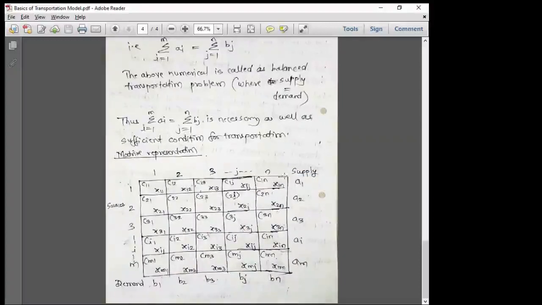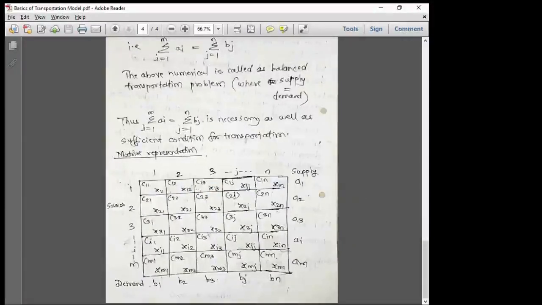So here all you have is the supply. Addition of all these values is equal to the total supply. Here you have demand. The addition of all this demand is equal to total demand. So now if you see, I have transported how many units from factory number 1? x11 plus x12 plus x13 plus x1j plus x1n.